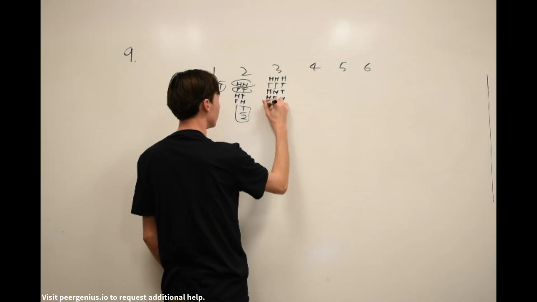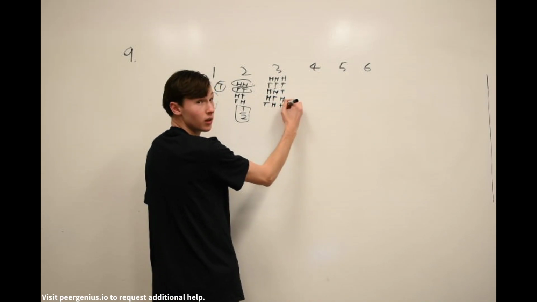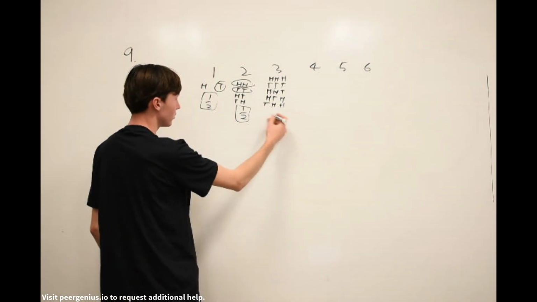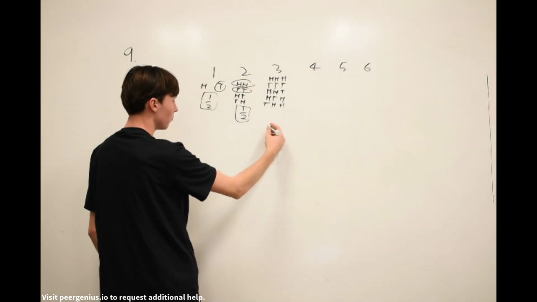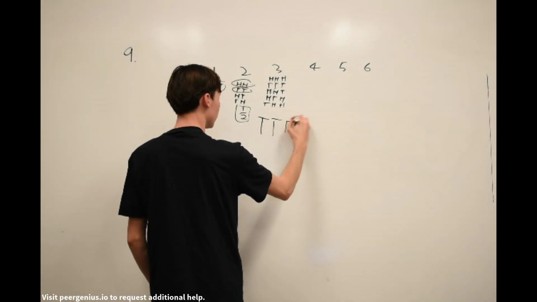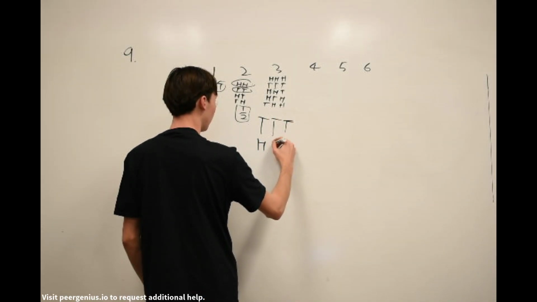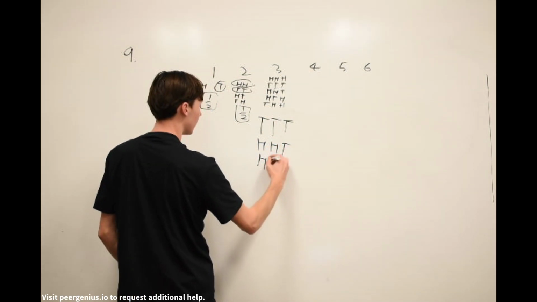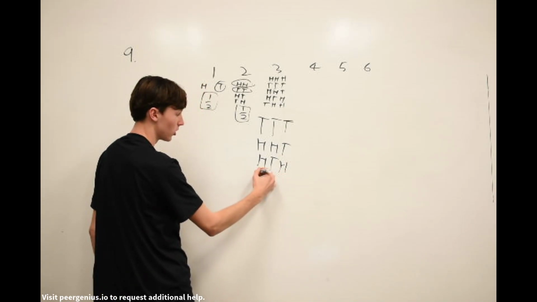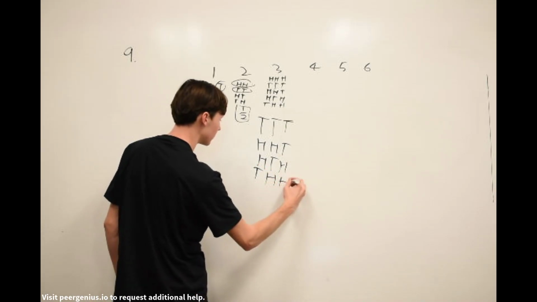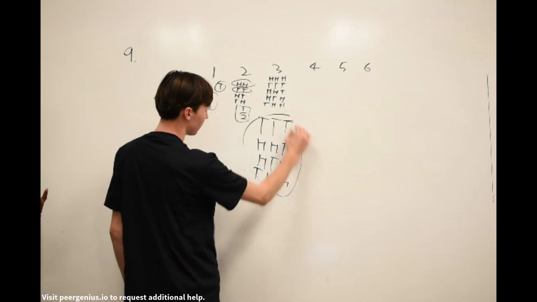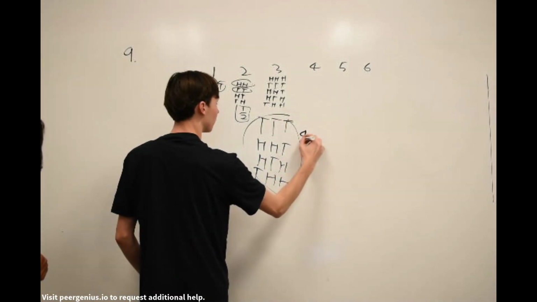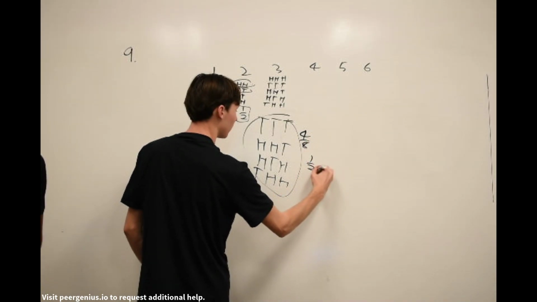You get a bunch of different cases, and what you end up getting is tails tails tails, and you have 3 different cases for 2 heads: heads heads tails, heads tails heads, or tails heads heads. So this is 4 different cases out of the potential 8. So you get 4 over 8, or 1/2.